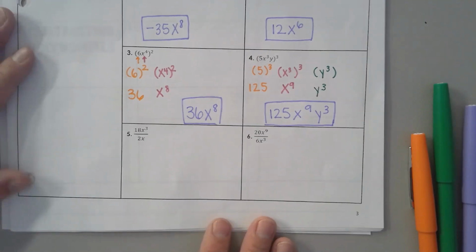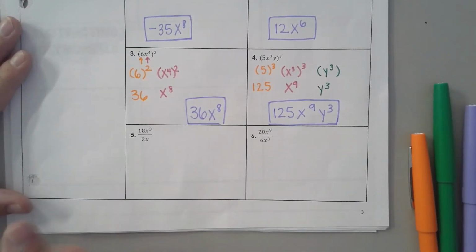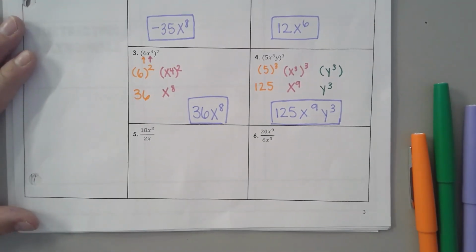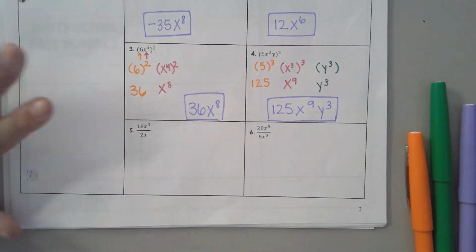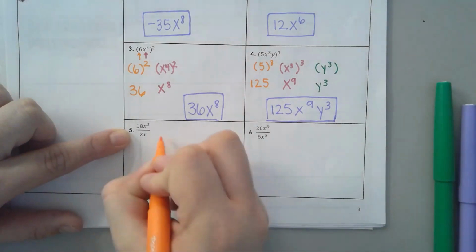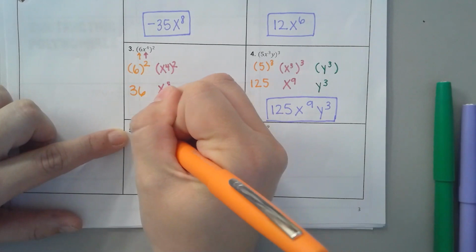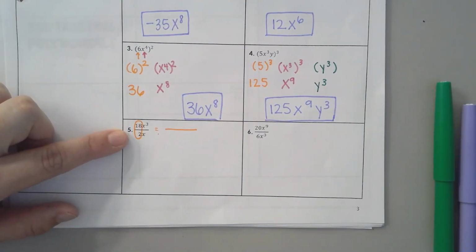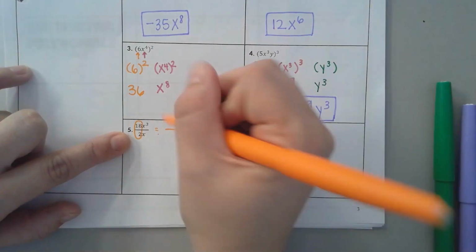Now the next one we're going to do is technically the quotient rule, but I like to look at it a little bit differently than just subtracting the exponents, because sometimes that can lead into negatives, and then you've got to do more. So when we have a fraction, we look at the whole numbers in front. What is 18 over 2? 9.